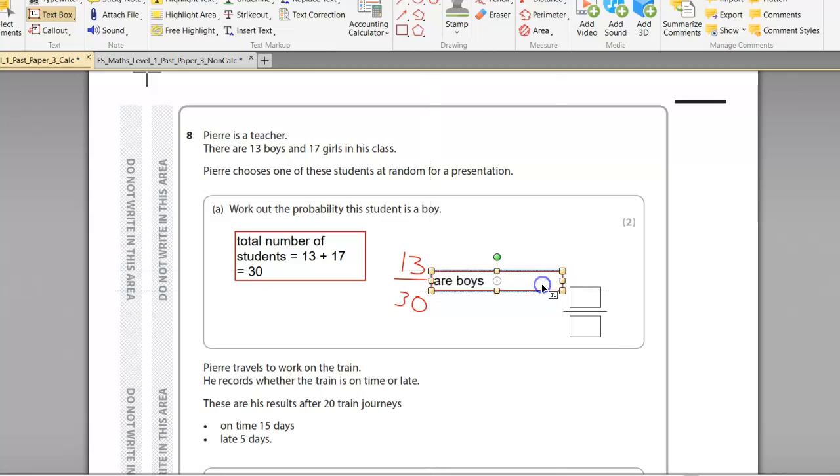So in answer to this question, the probability that the student is a boy is a 13 out of 30 chance. Now, you would simplify that if it was possible to simplify 13 over 30, but of course, because 13 is a prime number, it's not possible to simplify that fraction.